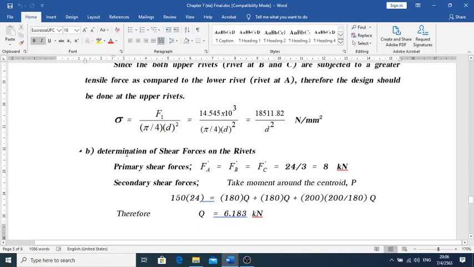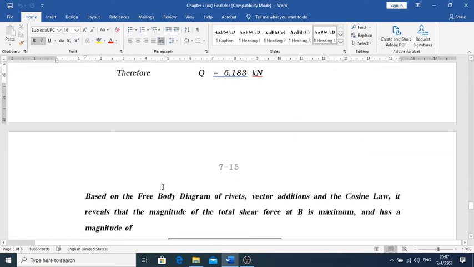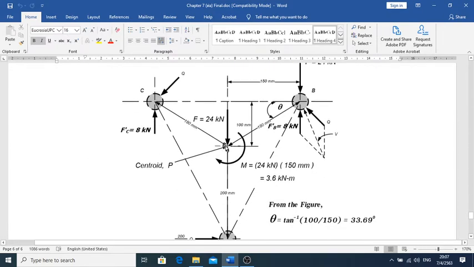Then determine the shear force on the rivet. The primary forces FA prime, FB prime, FC prime are 24 over 3, so it's going to be 8. Then take the secondary shear force, taking moment around the centroid. Have a look at the figure there, the centroid point.